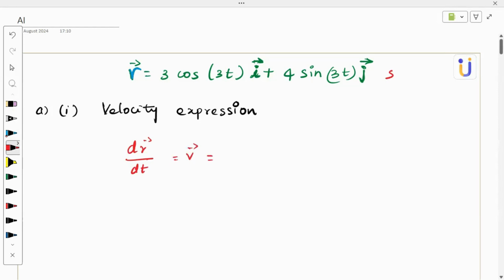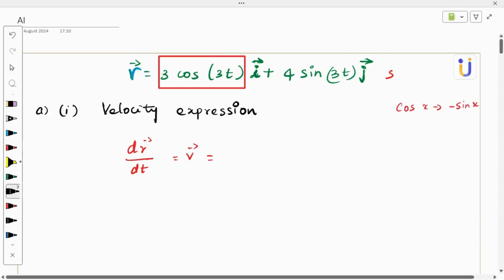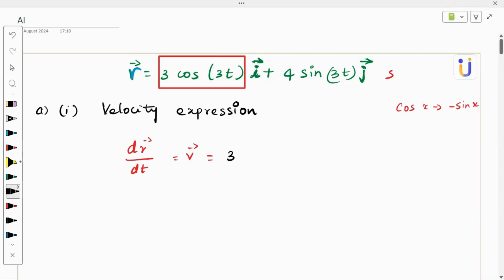So it is a very simple differentiation. We have this differentiation rule in our booklet. Cos x, when you differentiate, is minus sine x. But I have 3t here, so you need to apply the chain rule. 3 is a constant, let it be as it is, times cos 3t, which differentiates to minus sine 3t.